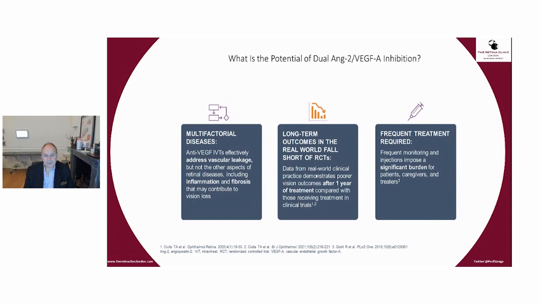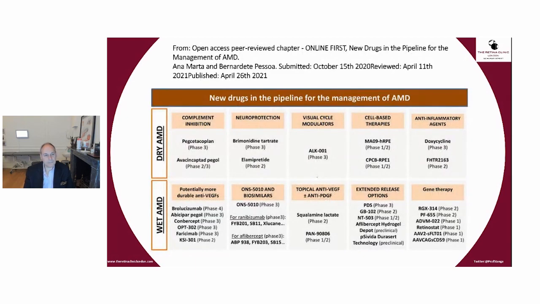They do not address inflammation, they do not address fibrosis, and therefore we dry up the macula, but the development of scarring or fibrosis can still lead to loss of vision. We are hoping that by also increasing the interval between injections, there's going to be less need of monitoring and injections per year, and these will significantly reduce the burden of treatment.